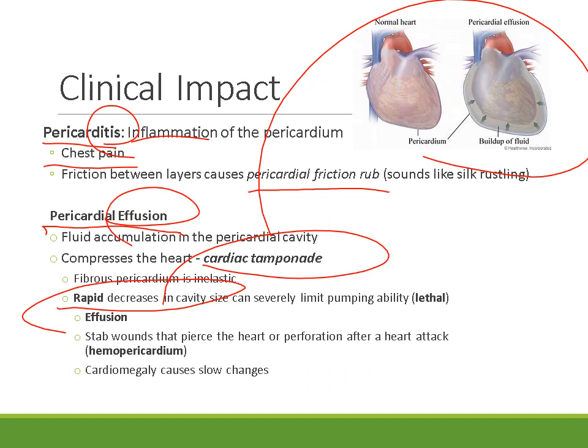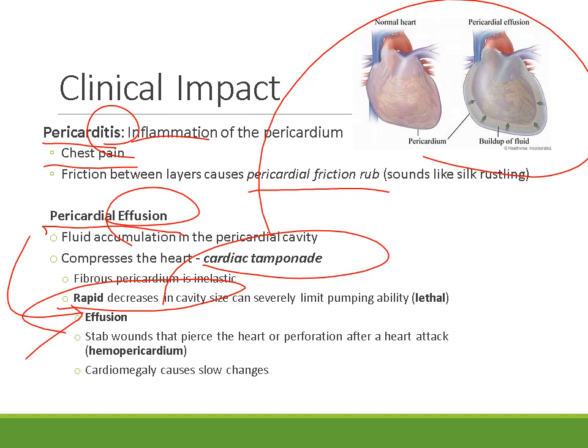This rapid decrease in space that the heart has can be caused by a pericardial effusion. So again, for whatever reason, fluid is accumulating in that cavity, say due to infection, for example. That rapid accumulation of fluid compresses the heart.